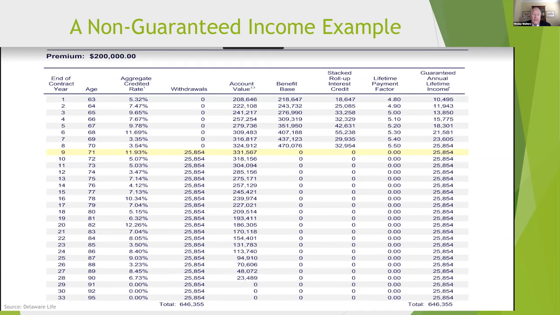The worst year was 3.35. And the result is, instead of $15,000 a year, this is going to pay out $25,854 per year. And that is for life and the life of your spouse if you selected a joint payout.